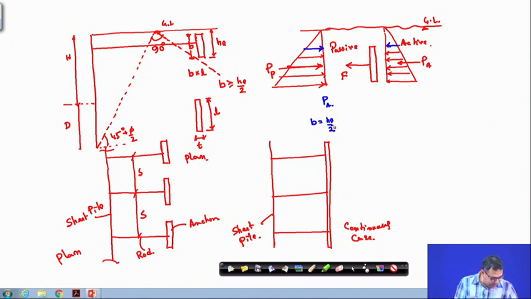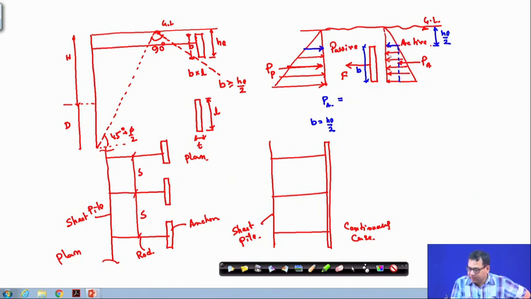If B is equal to He by 2, then this portion is also He by 2, because this is B which is He by 2, this is B which is He by 2, and this portion is He. So this will also be He by 2, and my PA will be this portion of the diagram.